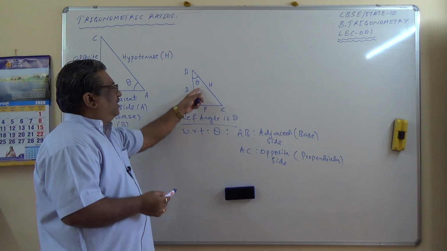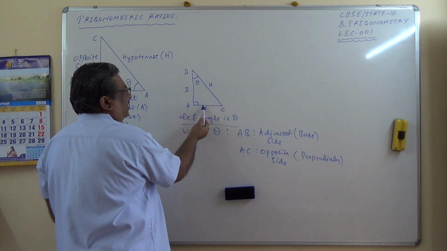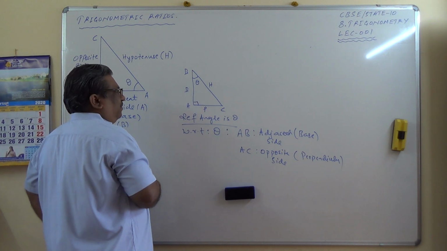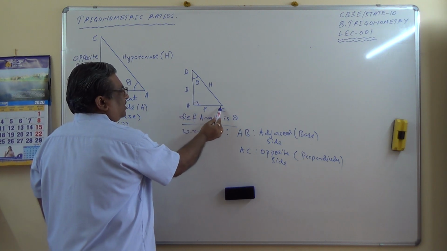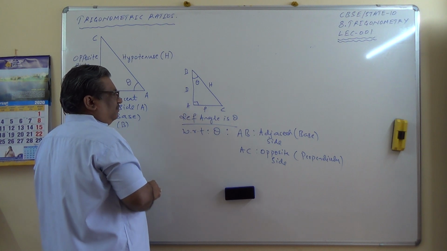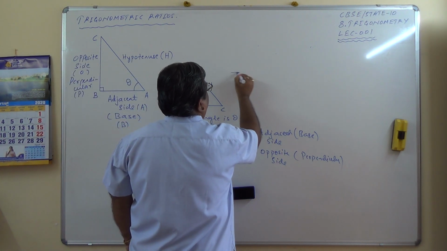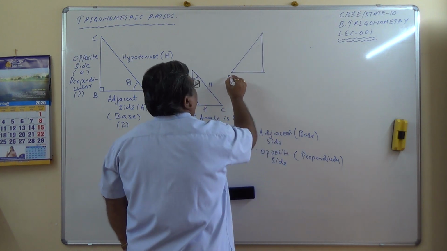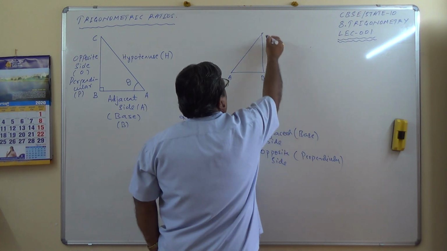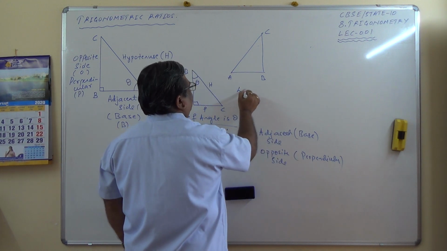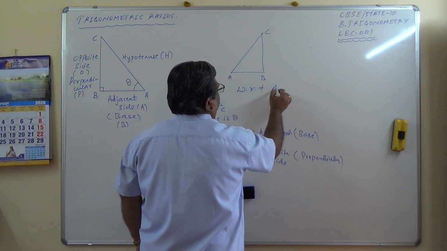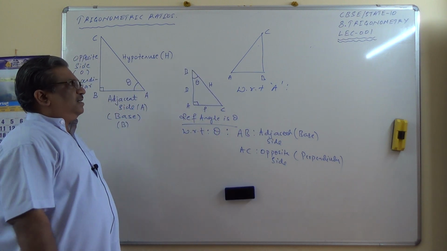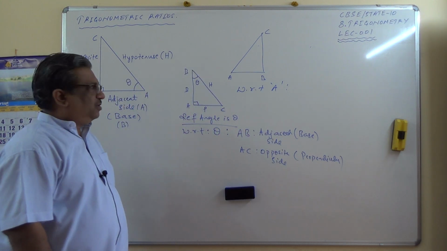In this case, if theta is the reference angle, opposite to theta is the perpendicular, adjacent to theta is the base. Similarly, this is the opposite side and this is the adjacent side. Now, in this case, ABC, with respect to A, what are the opposite side, adjacent side and hypotenuse?